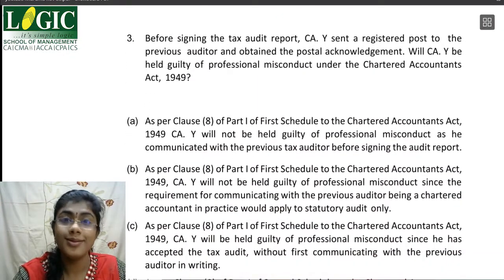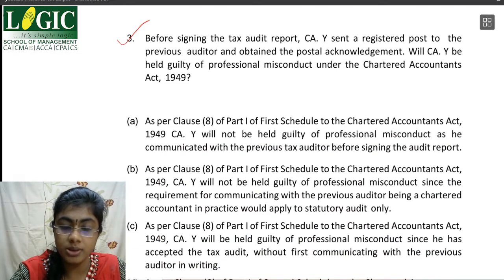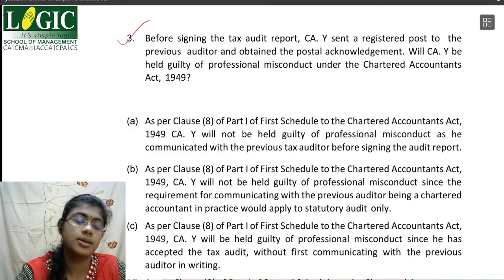Okay. Third one. Before signing the tax audit report, CAY sent a registered post to the previous auditor and obtained postal acknowledgement. Will CAY be held guilty of professional misconduct under our CA Act?